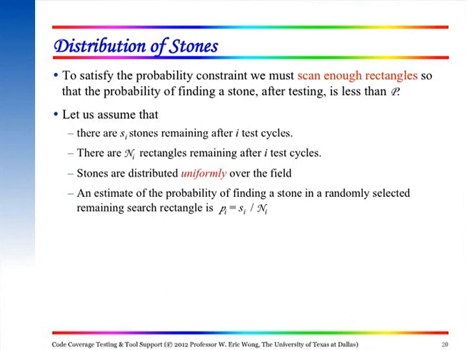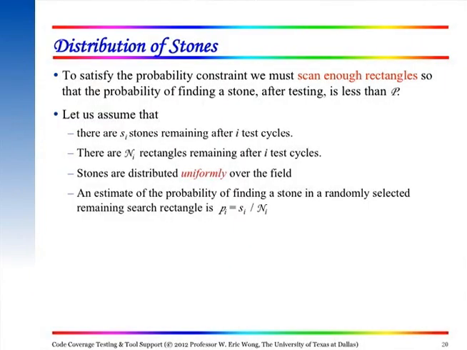So let's check. Suppose you have scanned a certain number of cells, and at the end, suppose you say, I still have this many stones remaining on the floor, and I still have this many cells to be examined. I assume uniform distribution, so I can find the probability to detect a stone.